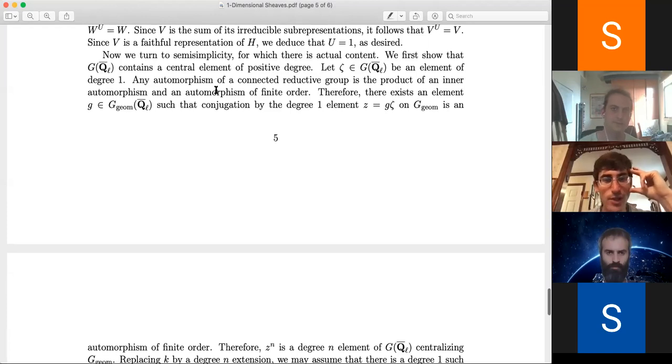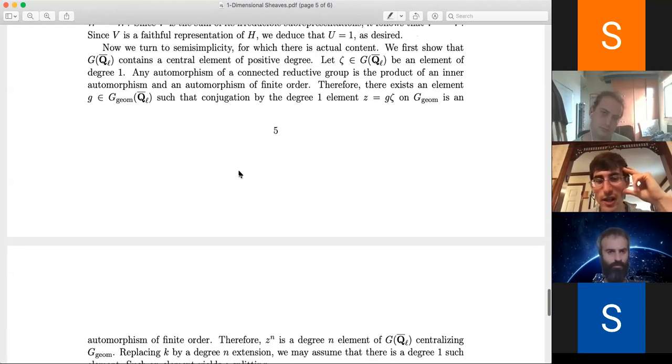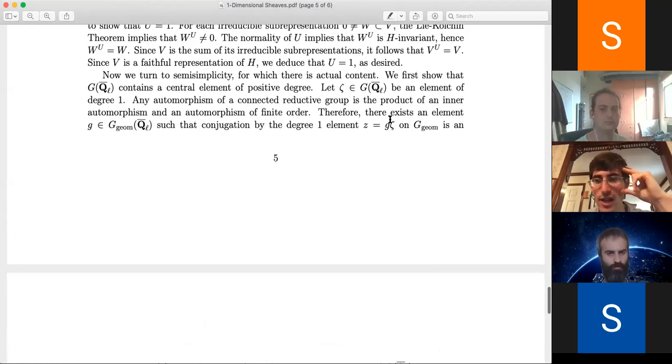So there exists an element g in the geometric monodromy group such that conjugation by g zeta is an automorphism of finite order, because the conjugation by zeta is the product of conjugation by some g and an automorphism of finite order. I guess here I want g inverse in order for it to be g zeta.